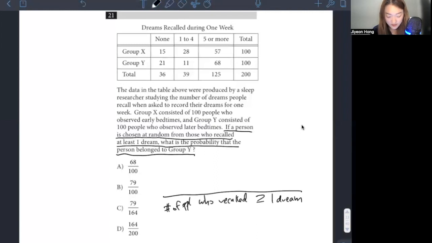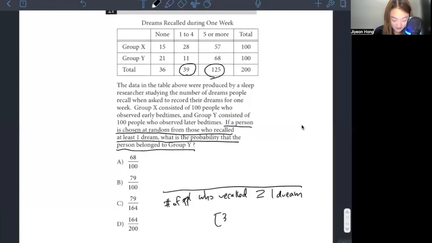So let's solve for this first. How many people recalled at least one dream? And it's going to be the 39 and the 125, right? So this bottom denominator is going to be represented by 39 plus 125. Okay, and then the top portion is going to be from these people, what is the probability that the person belonged to group Y?